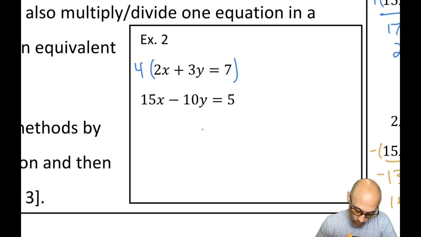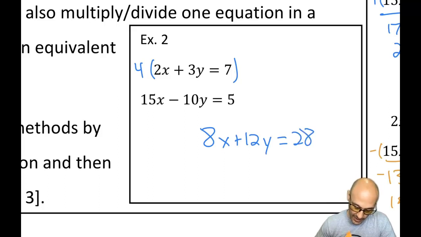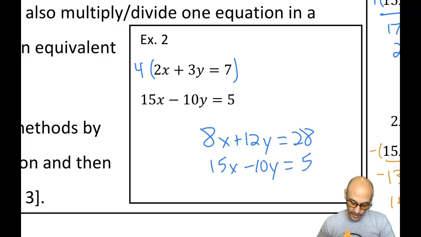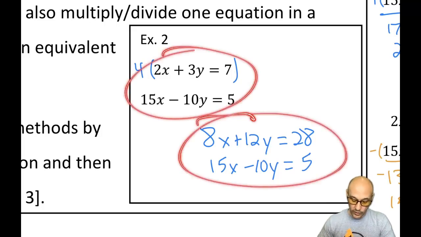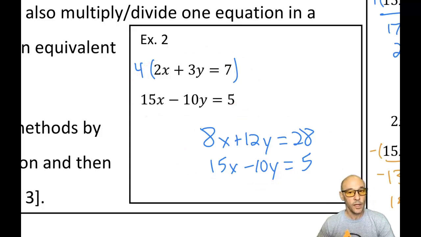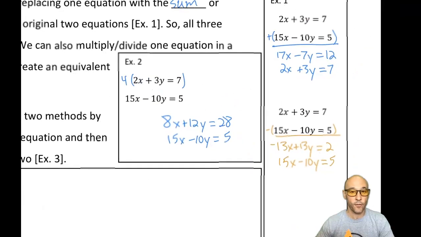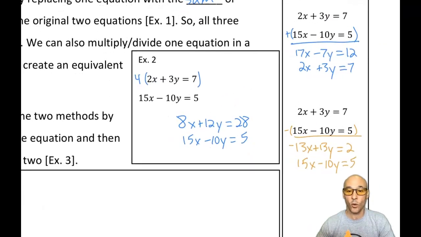When we do that, though, we have 8x plus 12y is equal to 28. And if I take that in combination with the second equation here, this is a new system that is equivalent to that one and equivalent to the first two from example 1 as well.